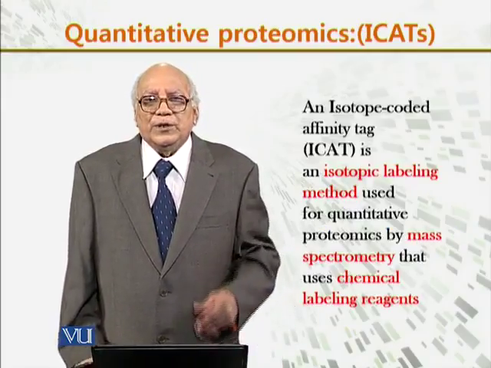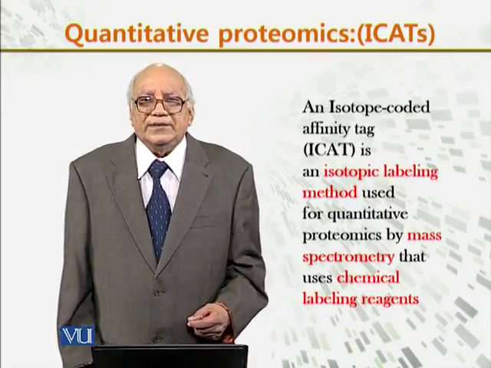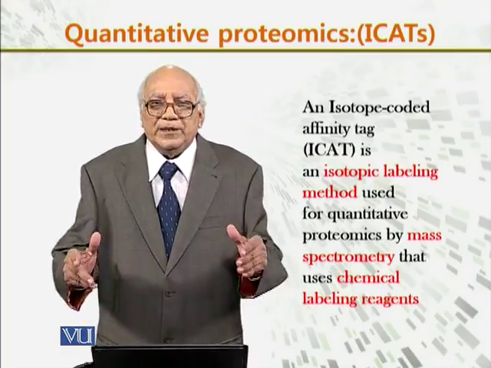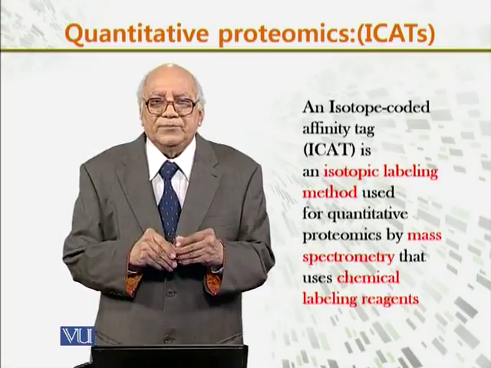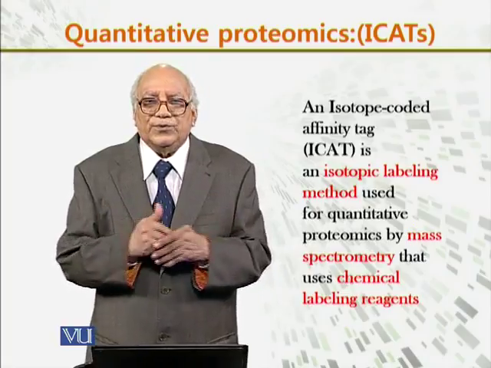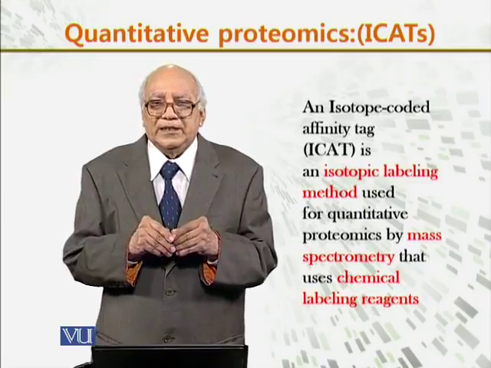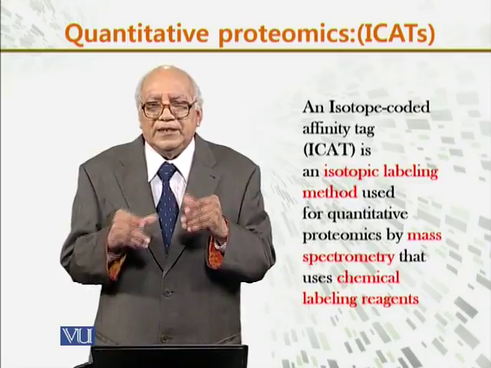An isotope coded affinity tag, as the name indicates, is an isotopic labeling method that is used for quantitative proteomics by mass spectrometry, and it uses a chemical labeling agent.